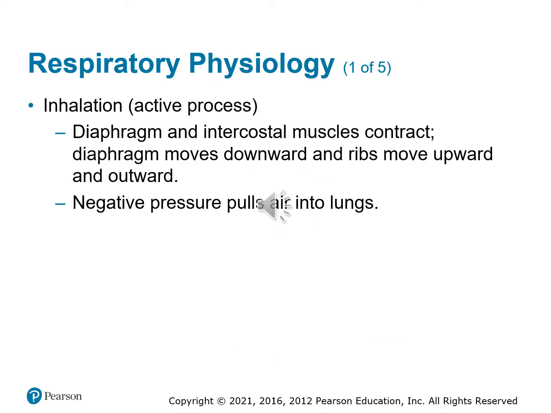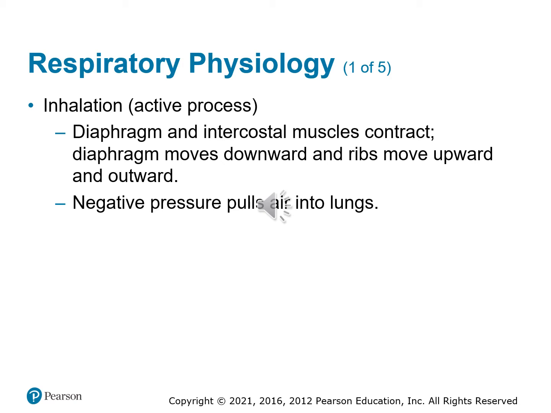Okay, now that you have an idea about the structures of the respiratory system, let's talk about how they actually work in order to get oxygen into our body and carbon dioxide out. So first of all, we inhale. Inhalation is an active process, which means it requires energy. The diaphragm and the intercostal muscles, which are the muscles between your ribs, contract.